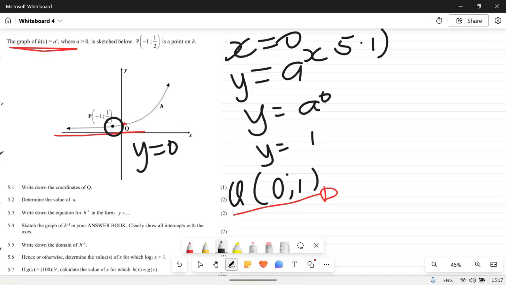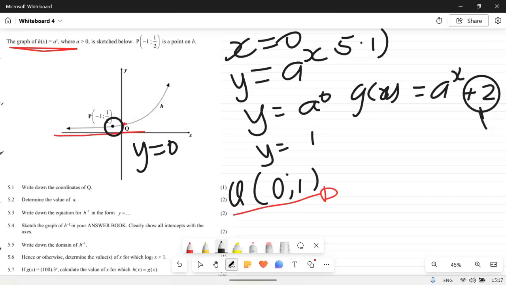If you were to have a different function, let's say g of x, a function that is a to the power of x, then plus 2 or minus 2 or minus 3, so there's a value of q there. It means your asymptote will be at y equals 2. Then our point will be at x equals 0, and your y will be 2 plus 1, which is 3. So it will all depend on where your graph is.